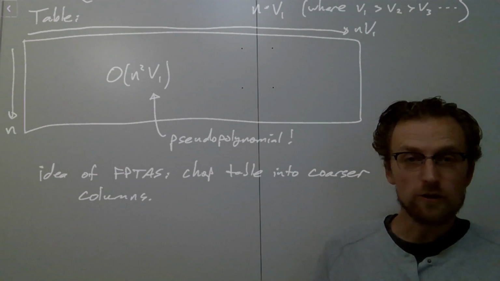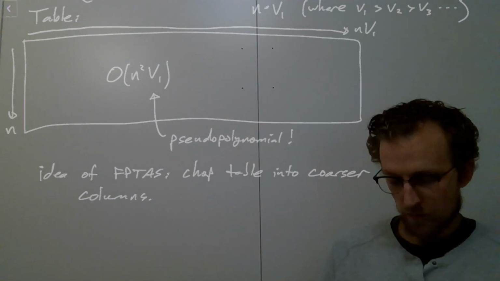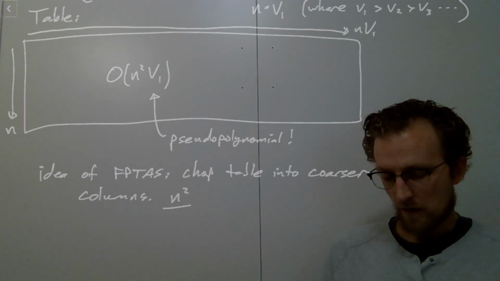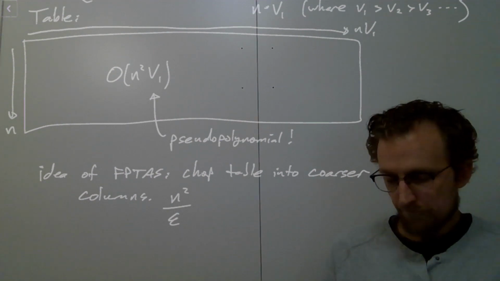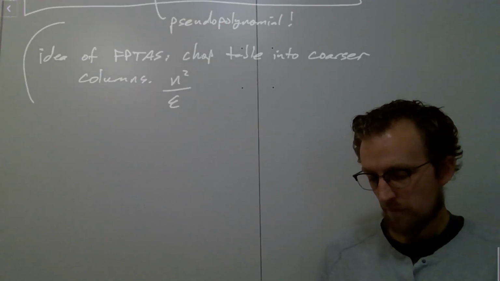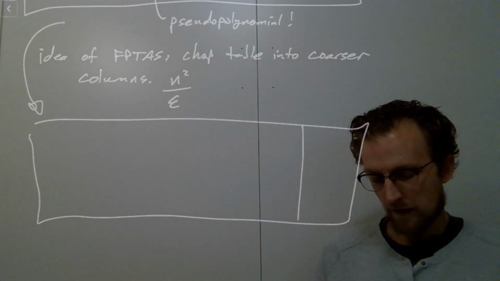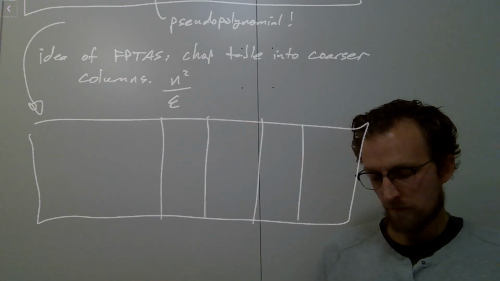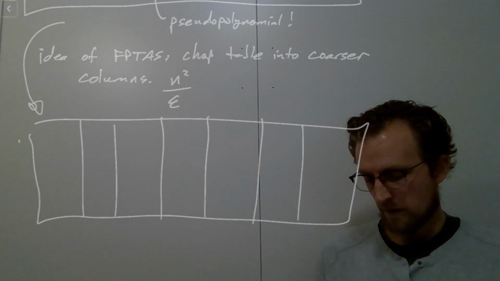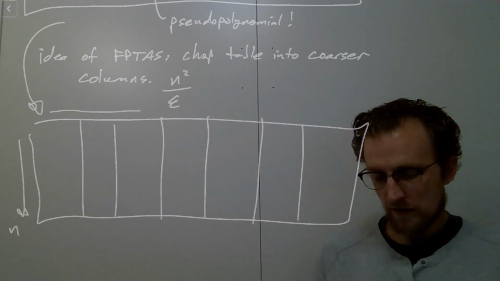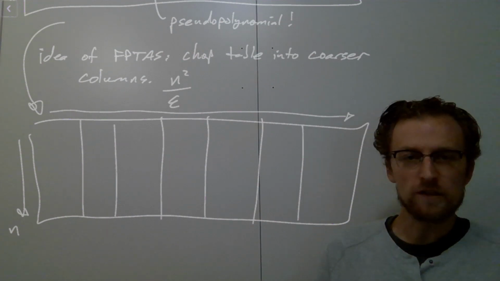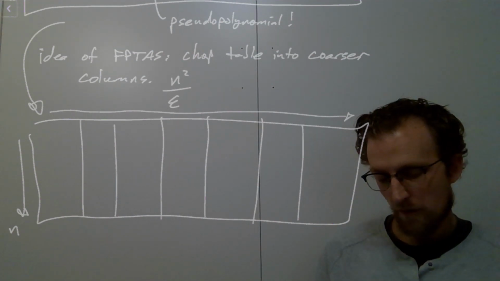And for technical reasons, the specific number of columns we're going to choose is n squared divided by epsilon. Okay, so this table then becomes a much coarser table, where now I've got these vertical stripes. So I still have this table being n tall, but now instead of being v1 times n wide, the width is n squared over epsilon.